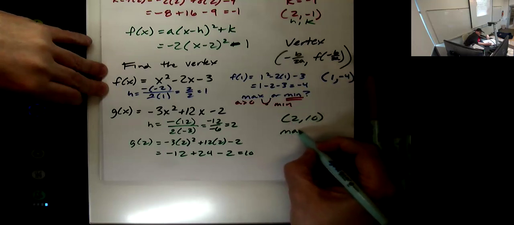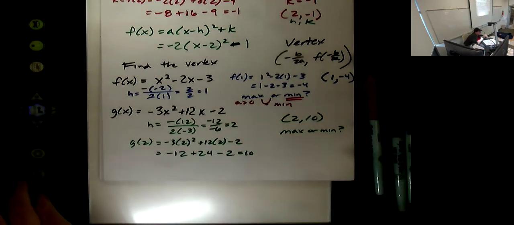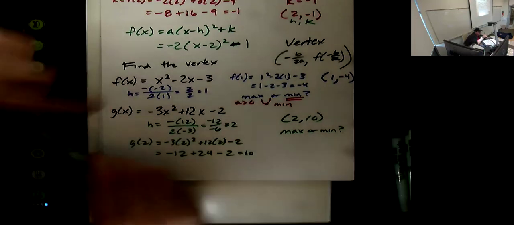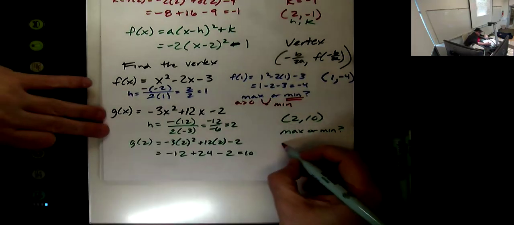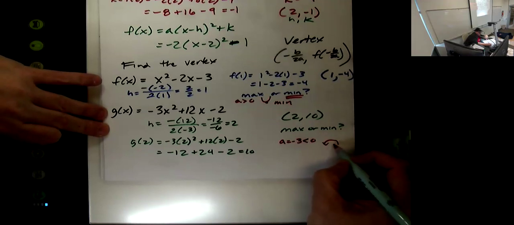Max or min? Max. It's a max. A is -3, which is less than 0. So it opens down and we've got a high point, a max.